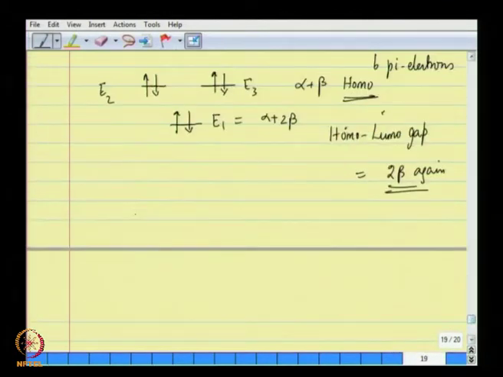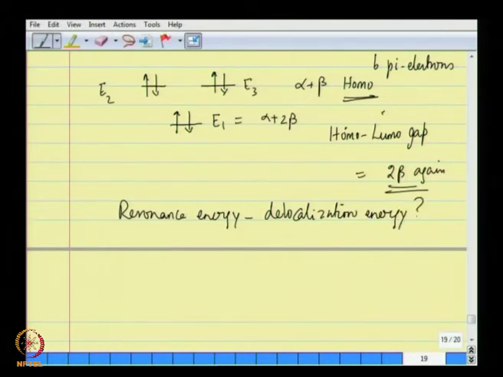What is the resonance energy or delocalization energy? It is the difference between the energy of the 6 electrons in benzene and the energy of the 6 electrons assuming that the double bonds are localized.